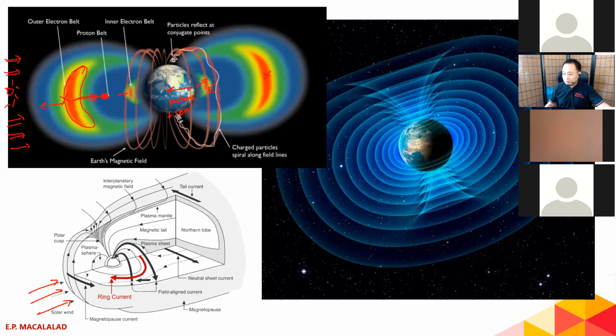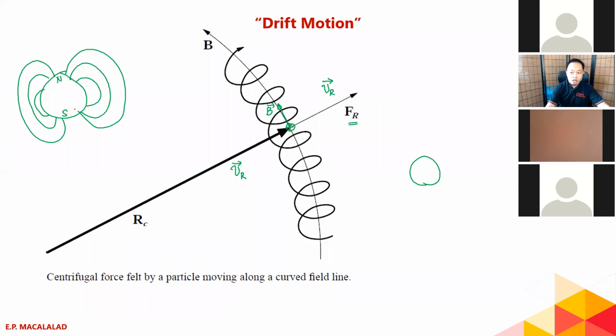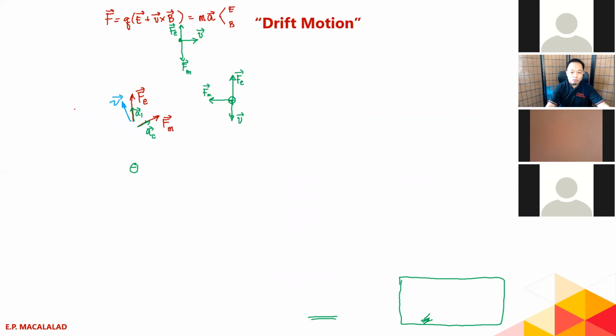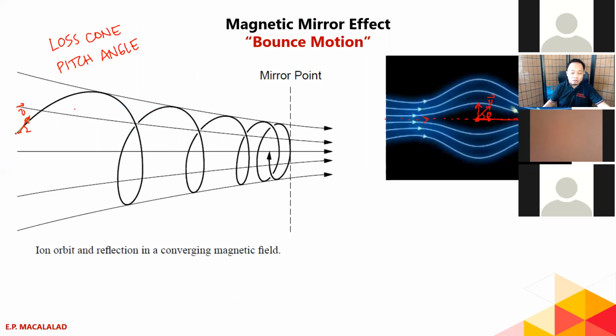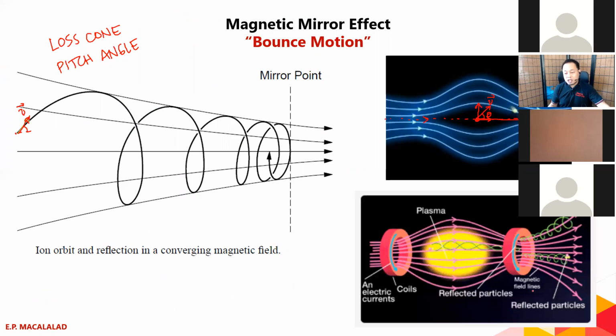Sir, just to clarify po, yung mirror point po kapag non-uniform magnetic field po. Yes. Itong mirror point na to will depend on the configuration of the magnetic field. So for example, if you have a plasma chamber, the source of the magnetic field would look like this.